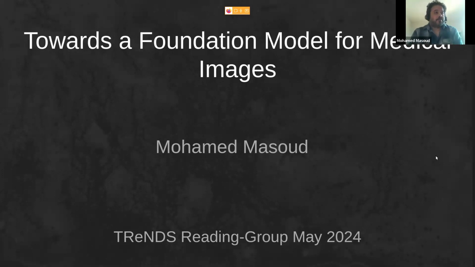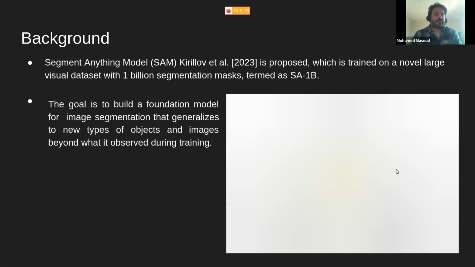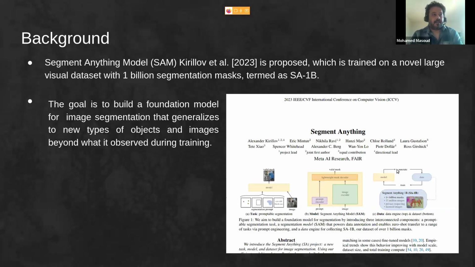Okay, thank you. So today we'll talk about the foundation model for medical images. It looks like a recent breakthrough coming to image segmentation in general. Last year, the Meta AI research team got their paper out for Segment Anything.